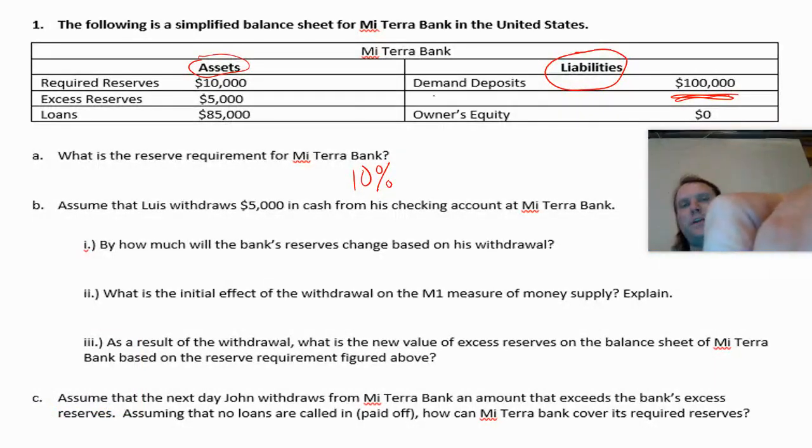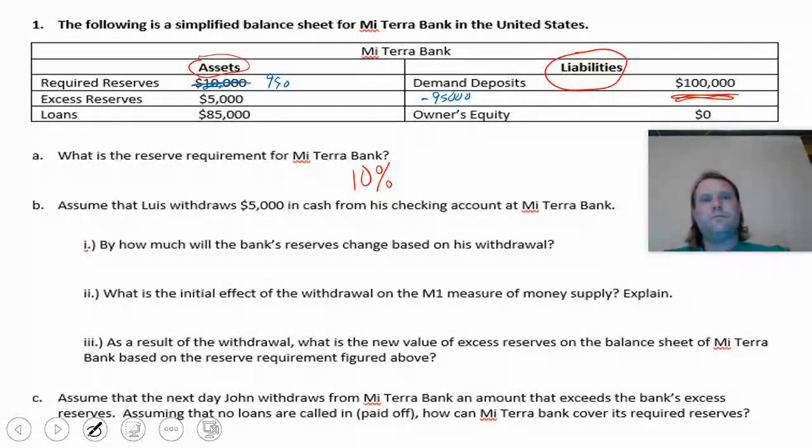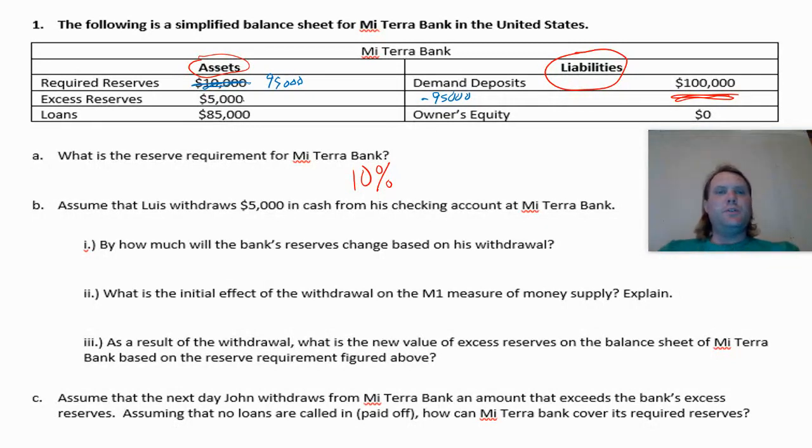So now we change this number. I want to try to keep track of stuff as well as possible for you. We change our demand deposits here to $95,000. Well, that's going to change some things. It's going to change our required reserves to 9,500.